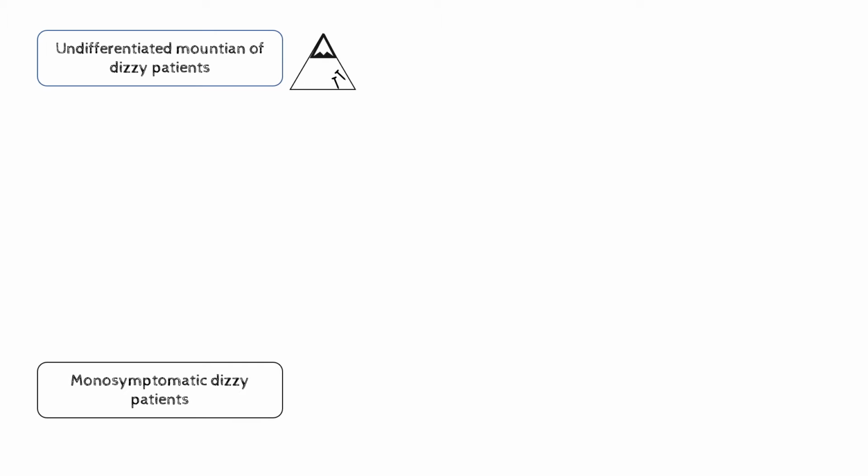Okay, let's go into a bit more detail than that. So who do we want to test, and then how do we test it? Who do we want to test with this HINTS test? Well, first of all, we have this mountain of undifferentiated patients that are dizzy in our ED, and we know that some of them we do need to use the HINTS test for, but how do we tease that out?